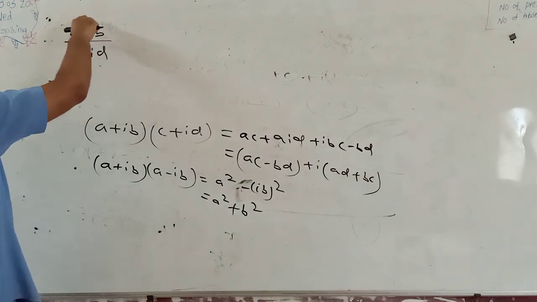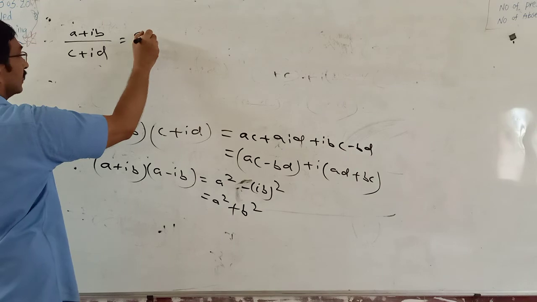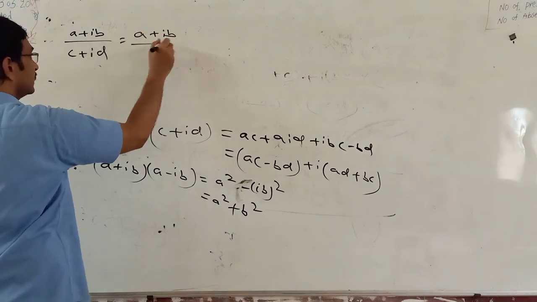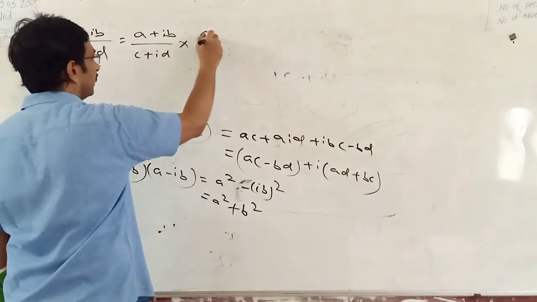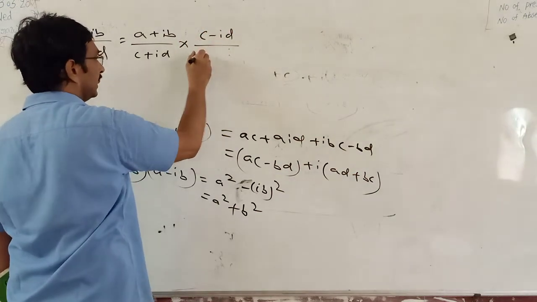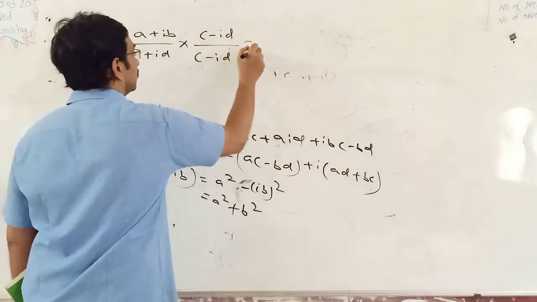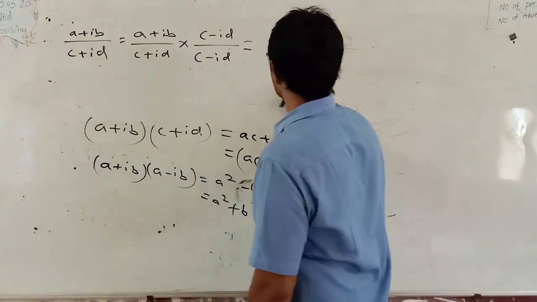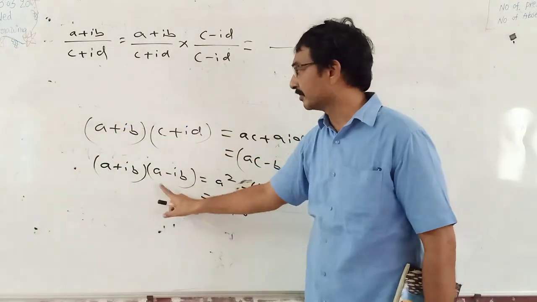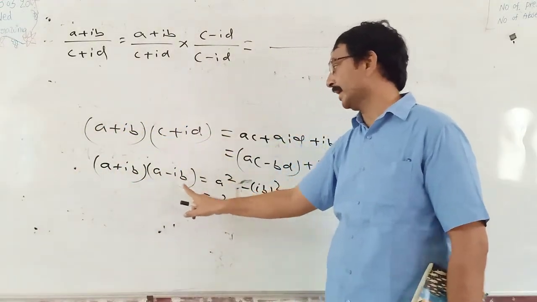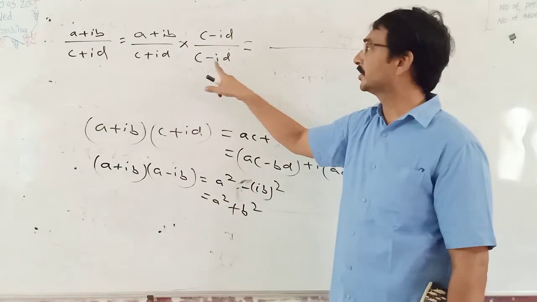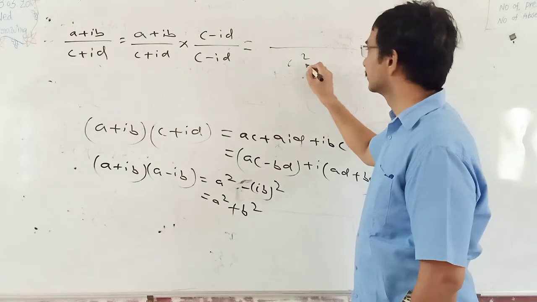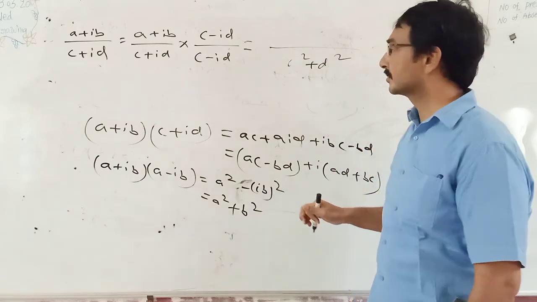So for division of two complex numbers, rationalize the denominator, meaning multiply and divide with c minus id. So clearly the denominator, from this formula, (a + ib) into (a - ib) is a square plus b square. Therefore, (c + id) into (c - id) is c square plus d square.